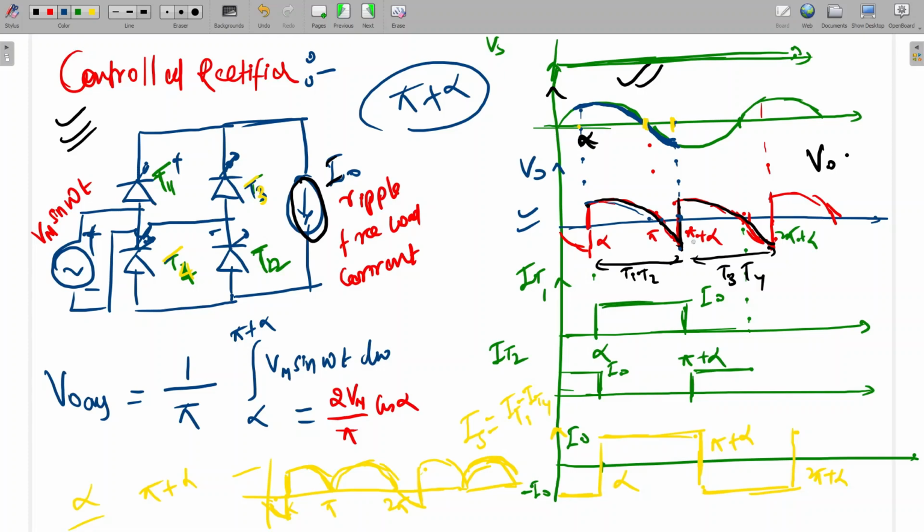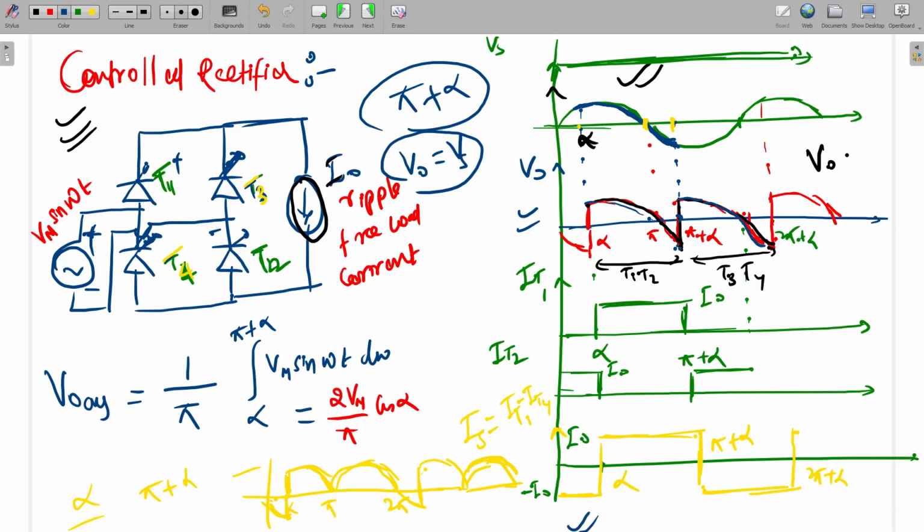For that reason, a negative spike occurs. Sir, previous diagram. Here in the second waveform, after pi, T1, T2 are reverse biased but still conducting. Why is it conducting? Because a highly inductive current is there, and since we have not fired T3, T4, that current will flow through T1, T2 only. Since it's flowing through T1, T2 only, VO will be VS, so this same waveform will be kept here. At pi plus alpha, T3, T4 will be fired, so they will take up the current and the output will be reversed. Okay, got it, sir.